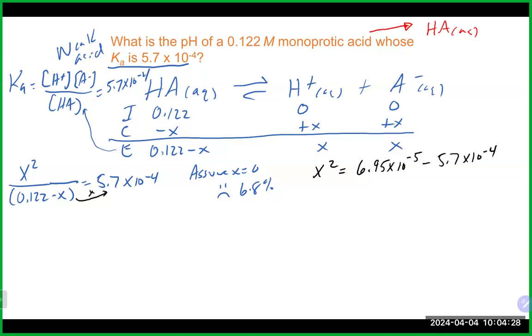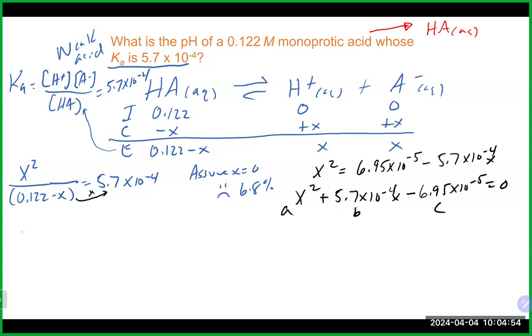We're now going to bring everybody to the same side there so that we have our formula. So x squared is going to be plus 5.7 times 10 to the minus 4 x, and then we're going to subtract 6.95 times 10 to the minus 5 is equal to 0. That obviously is going to be our a, b, and c there in our quadratic.